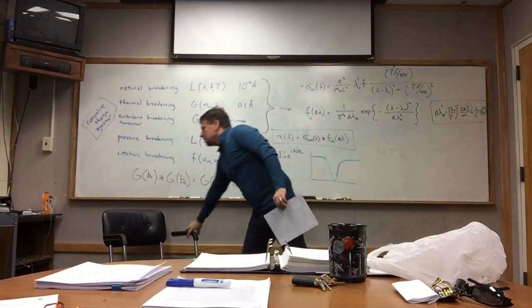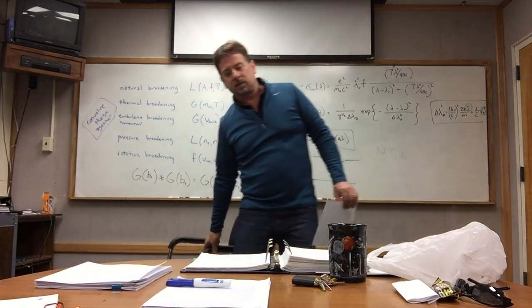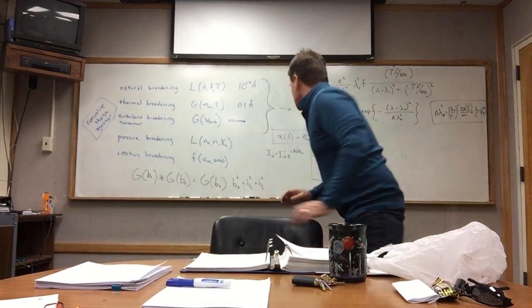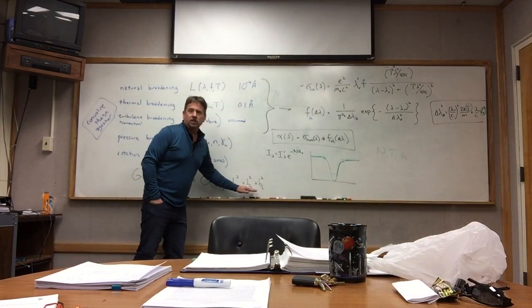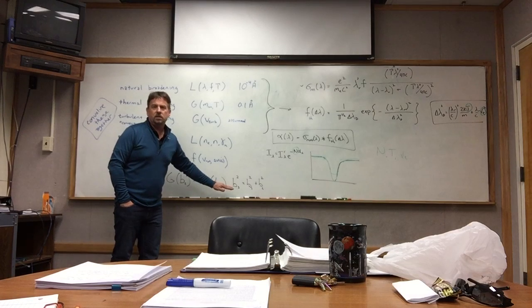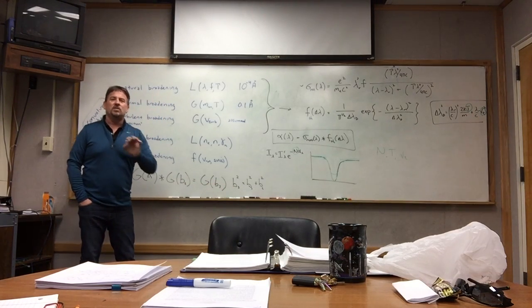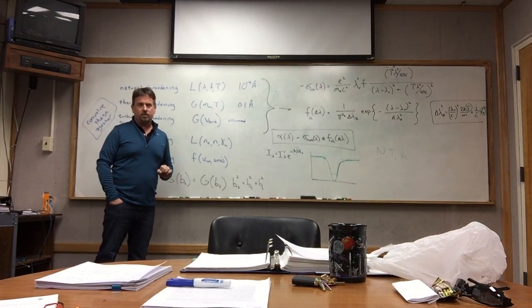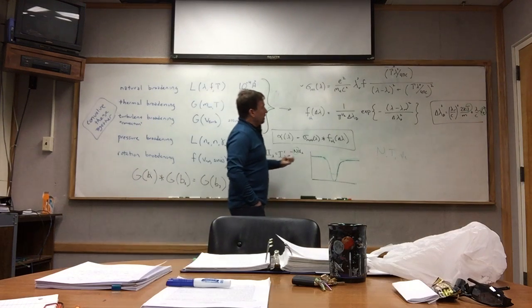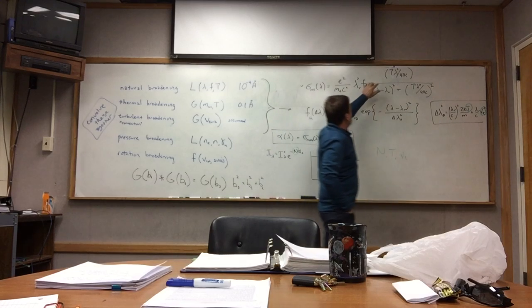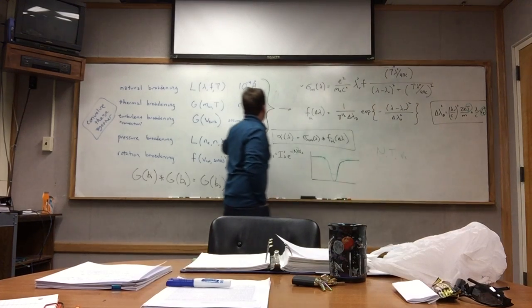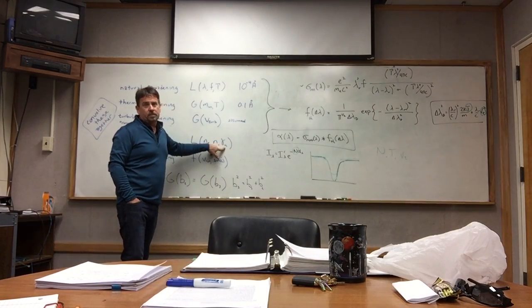Now, just like, listen up closely, just like I showed you when you convolve two Gaussians together, you get a new Gaussian with a different width. The same thing happens when you convolve two Lorentzians together. Okay? So basically now, you'll get out a new Lorentzian that will be the sum of this gamma and that gamma.